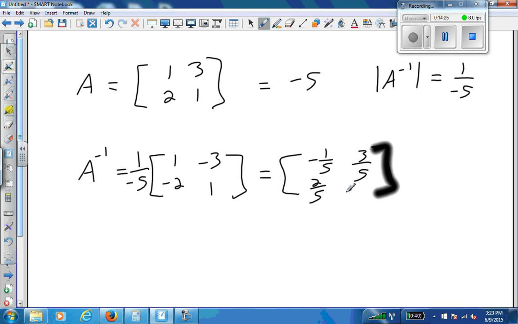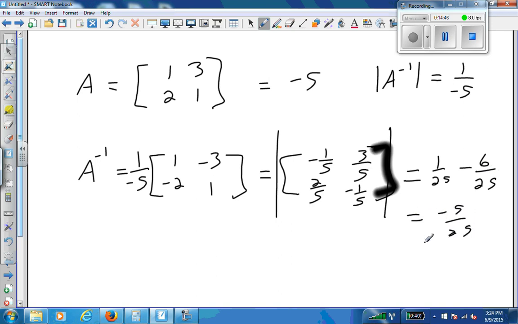Negative times positive is negative 1/5. So if we take the determinant here, we get negative times negative is positive 1/25 minus 2/5 times 3/5. 2 times 3 is 6. 5 times 5 is 25. So negative 5/25 reduces to negative 1/5.